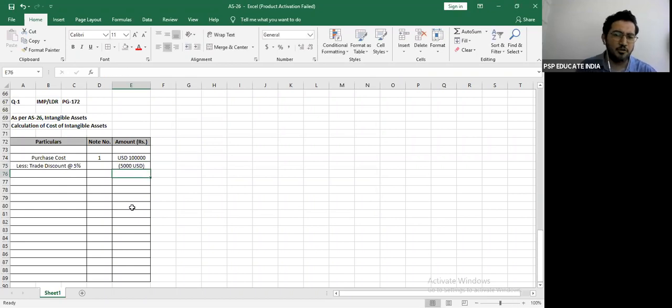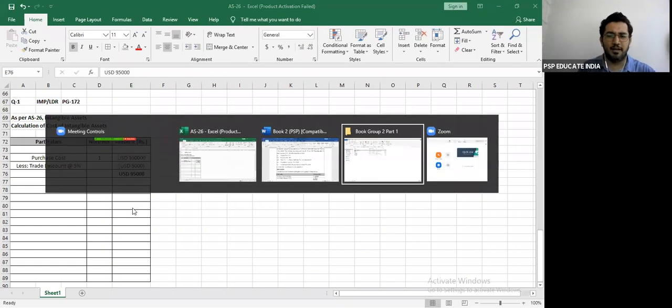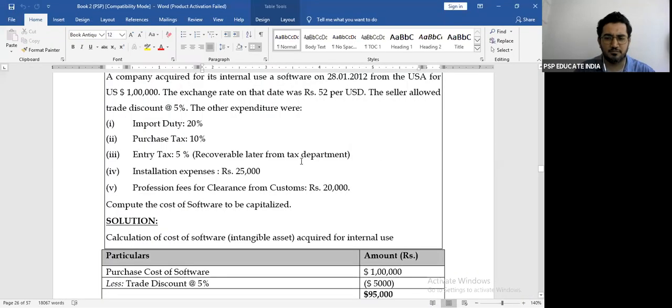Deduct 5,000 US dollars. You will get what? 95,000 US dollars.